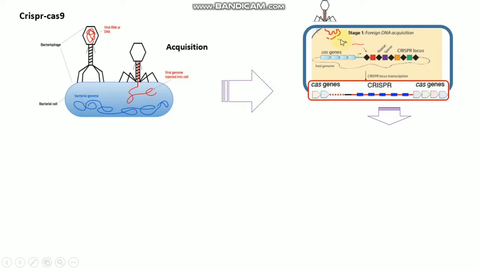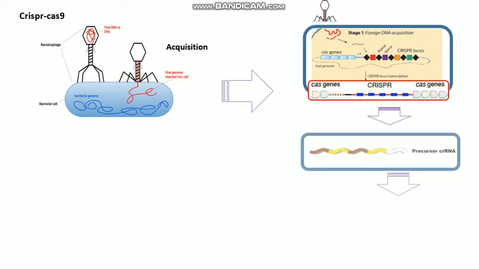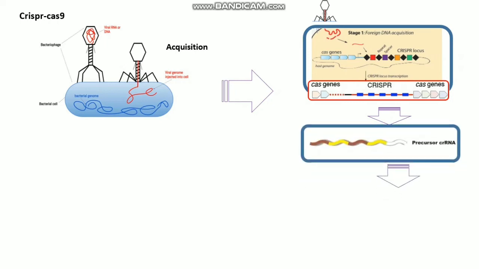So whenever this foreign DNA is incorporated, some part of the sequence is chopped and assembled in the CRISPR locus. As a result, the CRISPR locus is transcribed and the precursor CRISPR RNA is formed.